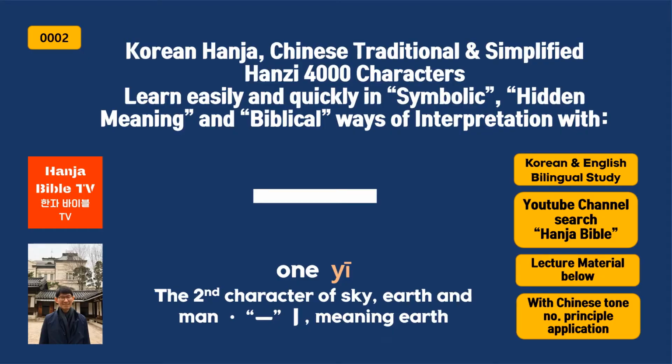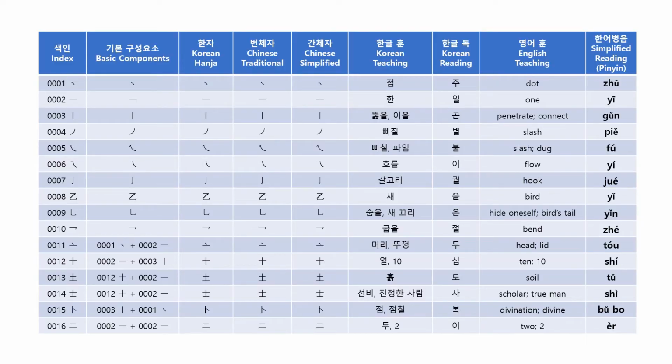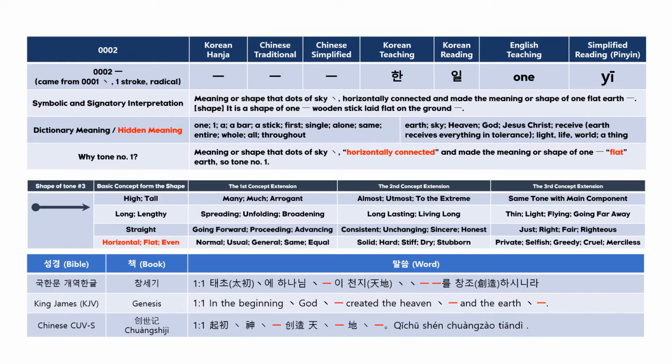On the index, the second character is 1E. We are looking through these characters one by one. In Korean language, Han-il. In English, 1E. The tone number is 1, sol tone.